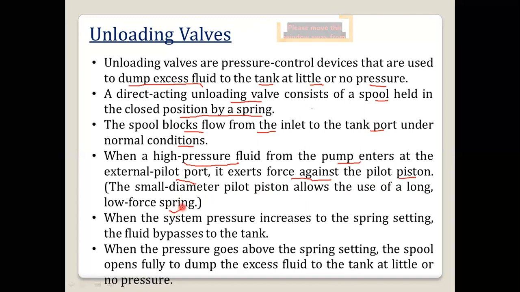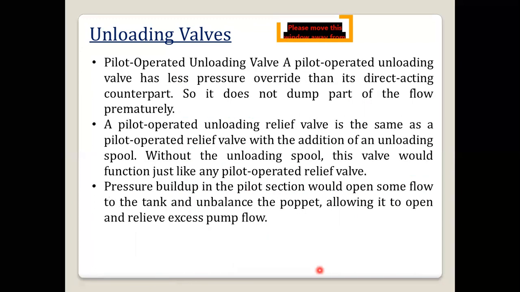Okay, so we will come to know this in the diagram. When the system pressure increases to the spring setting, the fluid bypasses to the tank. When the pressure goes above the spring setting, the spool opens fully to dump the excess fluid to the tank at little or no pressure.